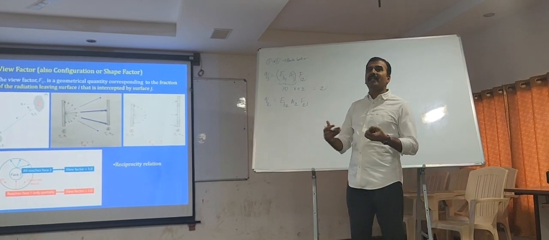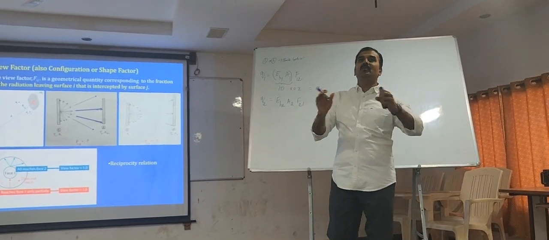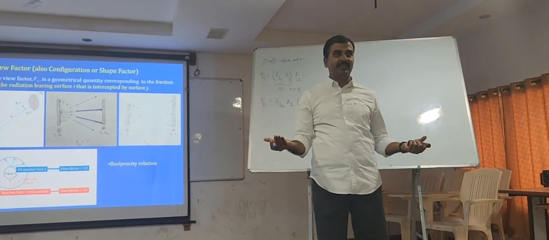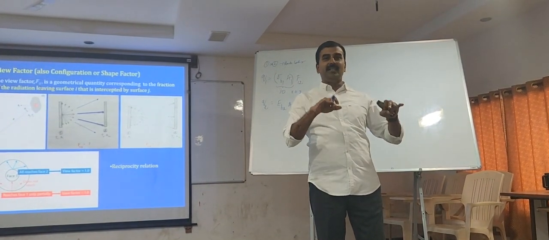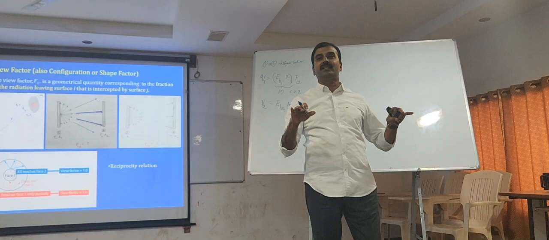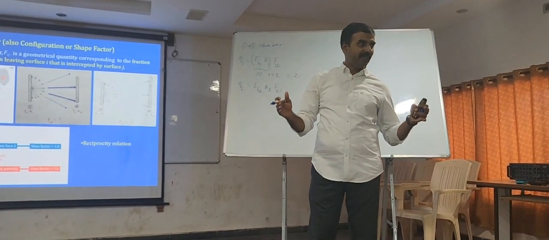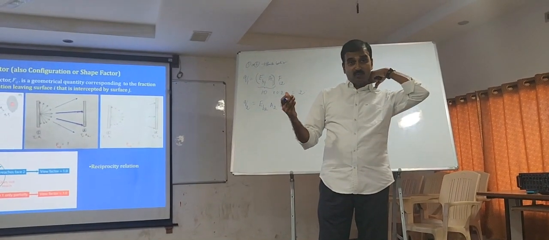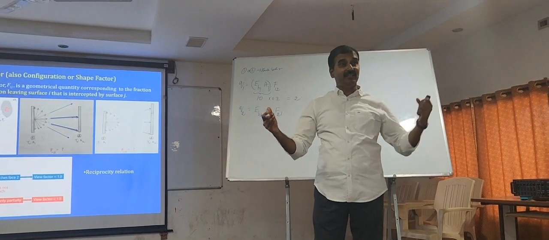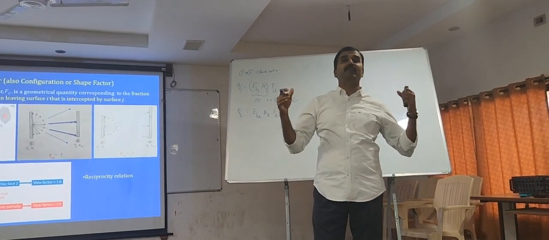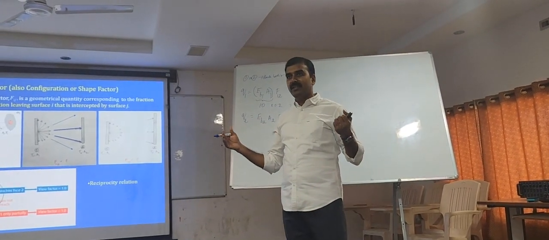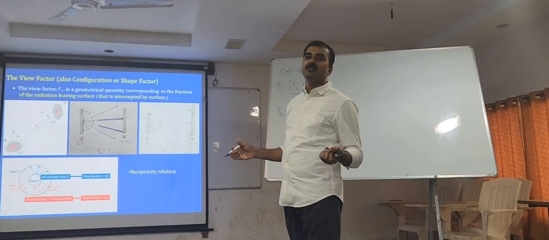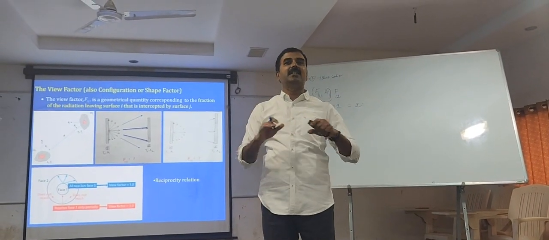After some time, both will come to the same temperature. That's what it is. So energy or the heat transfer occurs between the two bodies or two surfaces continuously, and at a certain point of time, their temperatures get neutralized. Both will reach the same level.